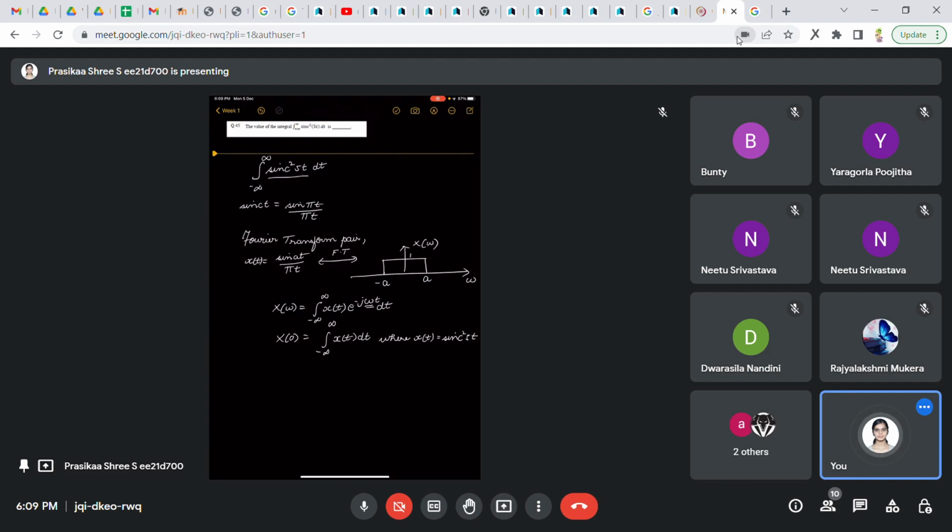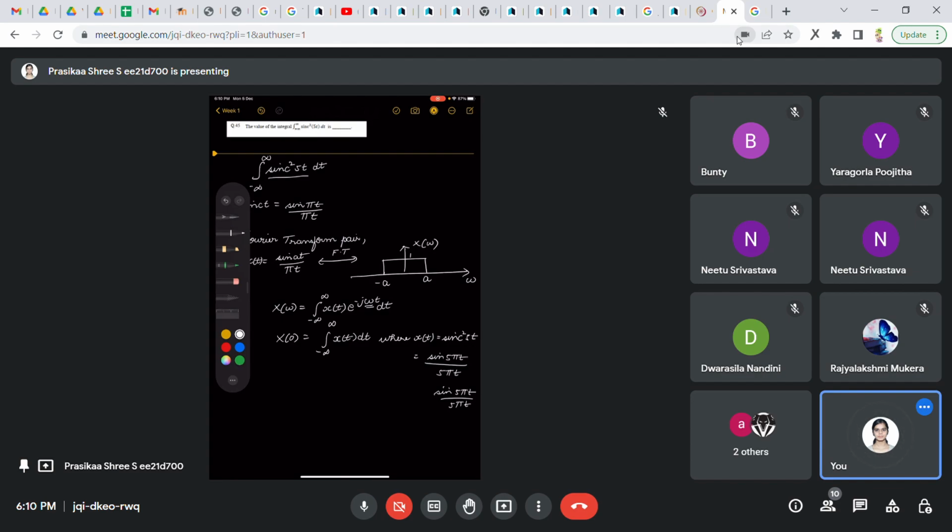We can have it as sine 5 pi t by 5 pi t into sine 5 pi t by 5 pi t. This is what sinc square 5t means.